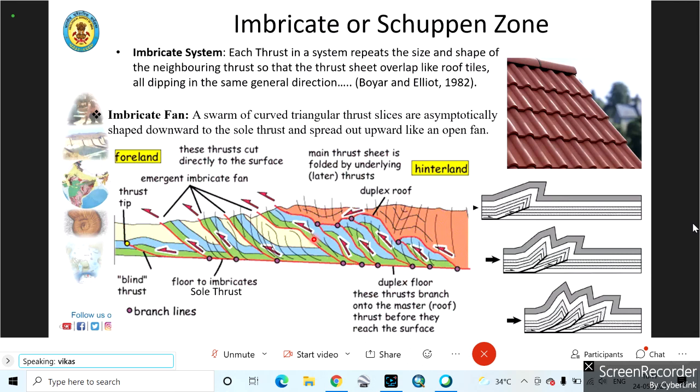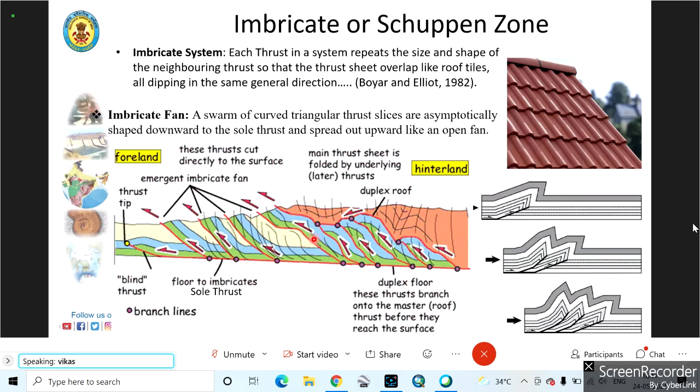The bottom part, exactly the horizontal line which is going on, that's the floor thrust. And from there, a number of thrusts will be coming up. These are called imbricate thrusts. They can even tend to develop duplexes also. On the right side of the photograph, you can see duplexes are formed, or even imbricate natures. So these are called the imbricate zone, and they're very common in thrust zones actually.